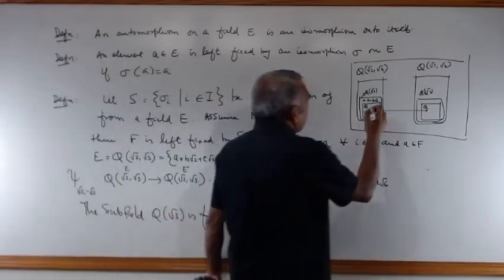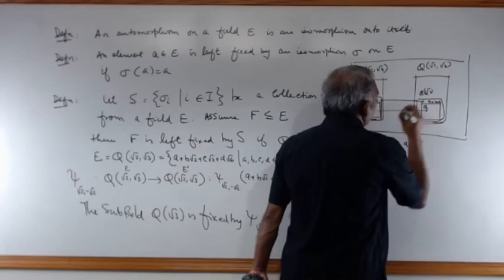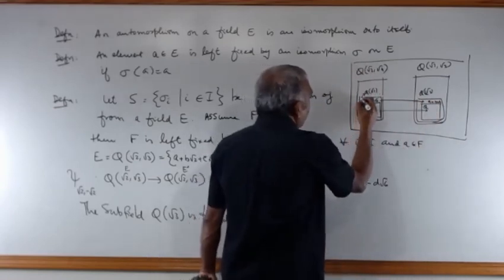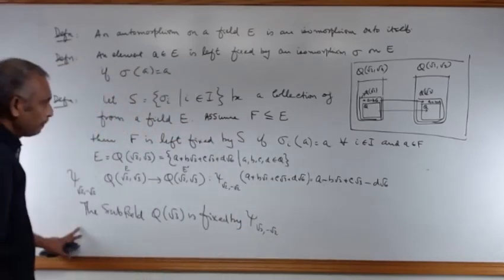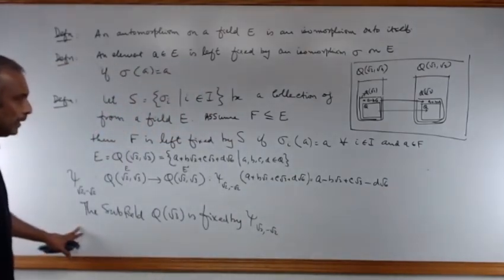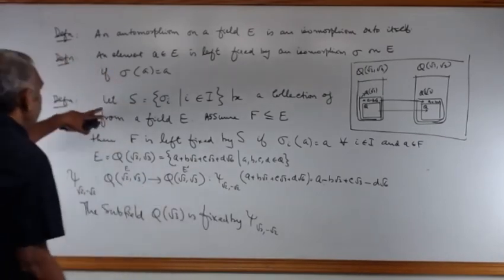That will be mapped to the same field, a plus b root 3. So the whole field is fixed by the conjugate isomorphism. And that's what we are saying here.